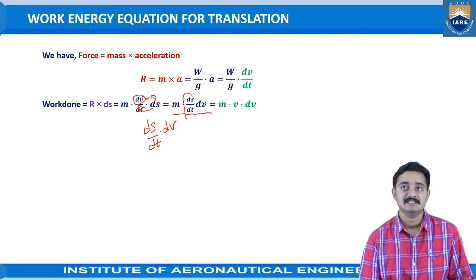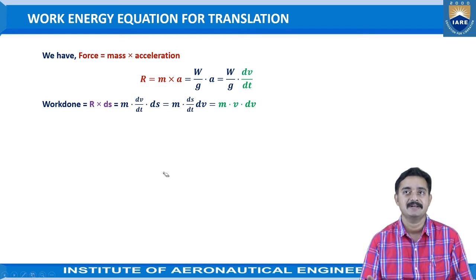Further, this ds by dt term is the rate of change of displacement or distance, right? That is the velocity. So ultimately we will get mv into dv. In this way, the work done by the three forces in the system has been obtained as m into v into dv.